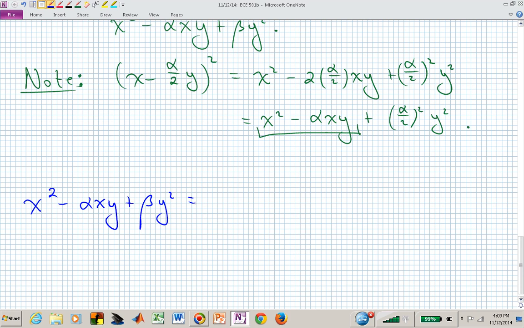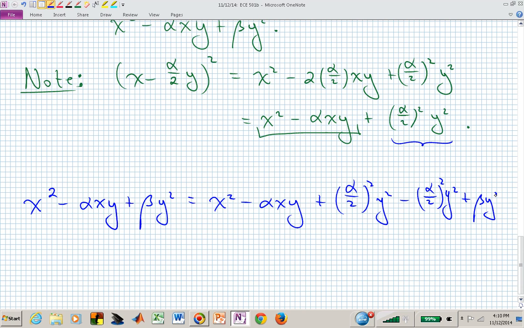Now we know that's equal if we add 0 to it, and the 0 that we are going to add is going to be associated with that piece. We're going to add a positive amount of that and a negative amount of that, and that's then adding 0. So we now have x squared minus alpha xy plus alpha over 2 squared y squared minus alpha over 2 squared y squared plus beta y squared.